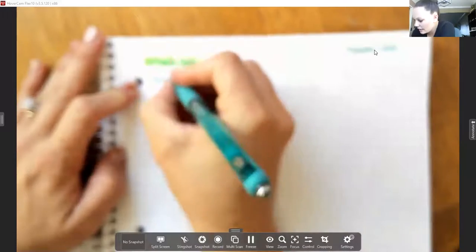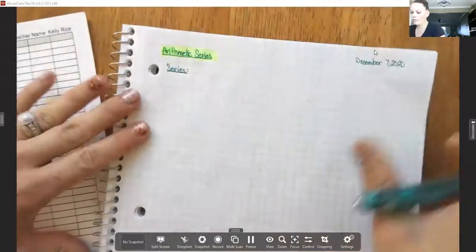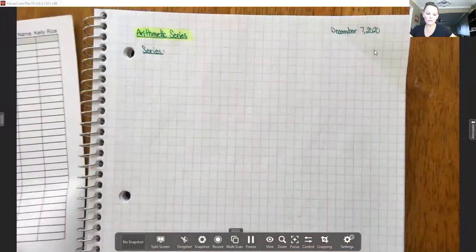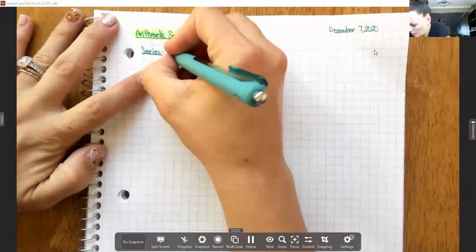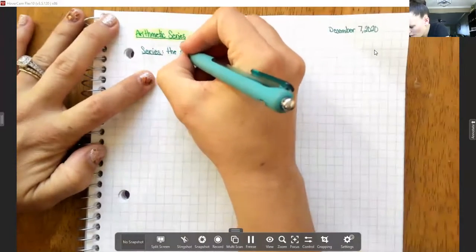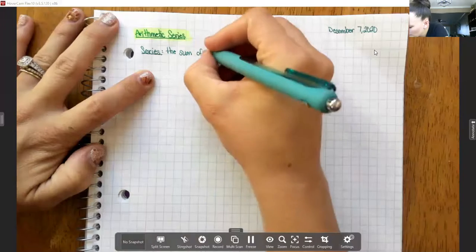So just to define it, series, sorry, I want to change this up a little bit, the angle. A series is the sum of the terms of a sequence.